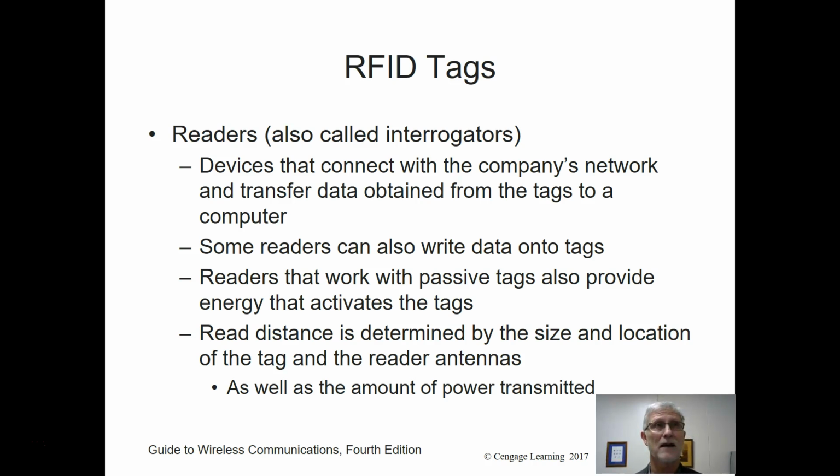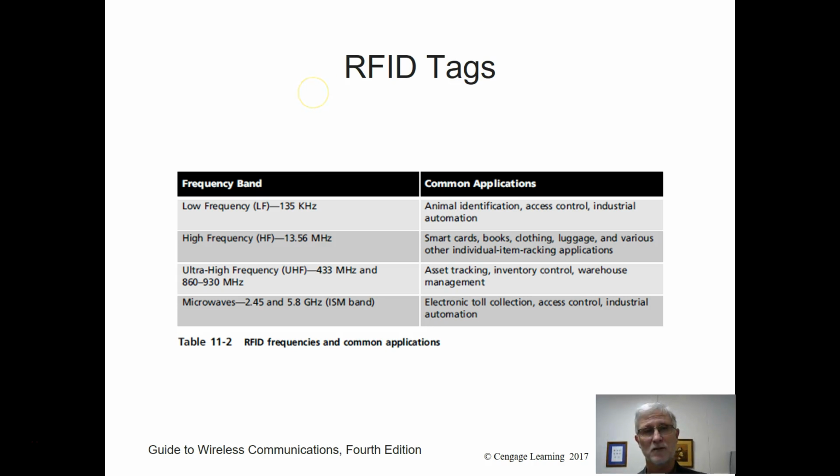Some readers that are working with passive tags will actually be able to provide energy that activates the tags. How far your reader has to be from your tag just varies on the size of the tag, the type of antennas, both on the reader and on the tag, and the amount of power transmitted. So, just a rough idea as to some frequencies and common applications.